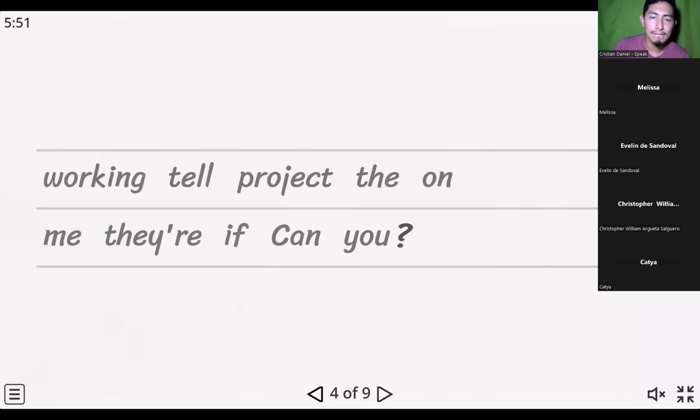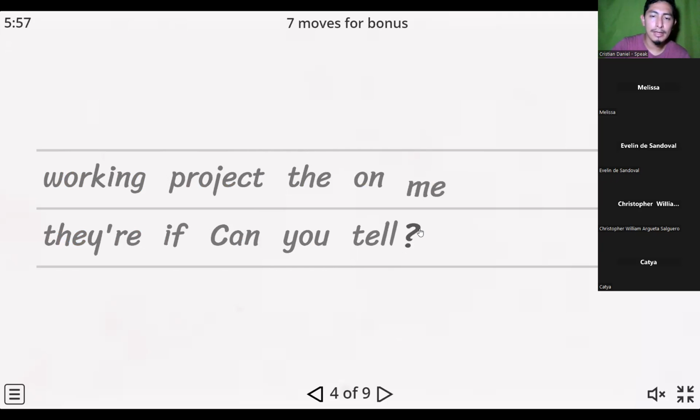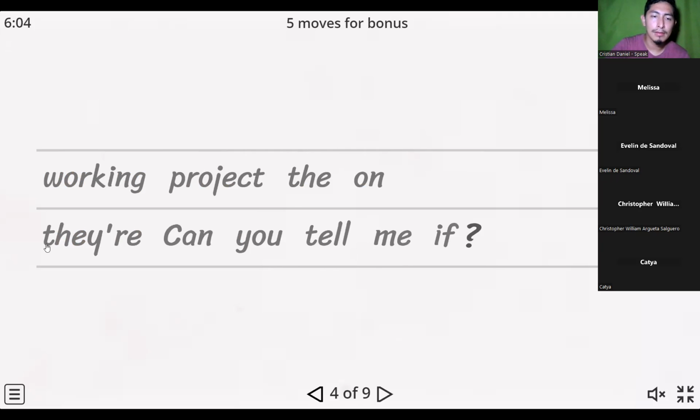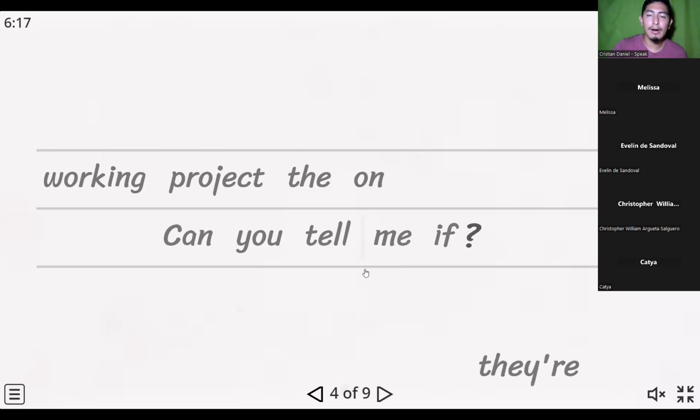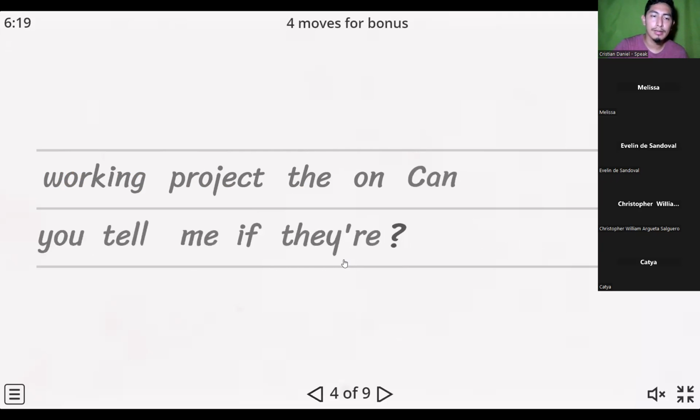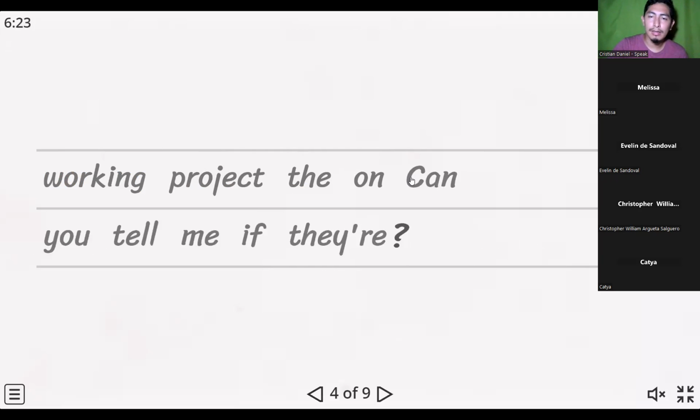Can you tell me if the project, if they are, their, the project working?